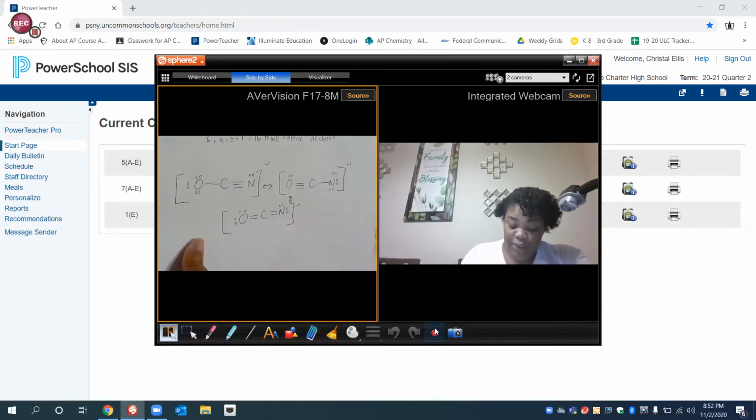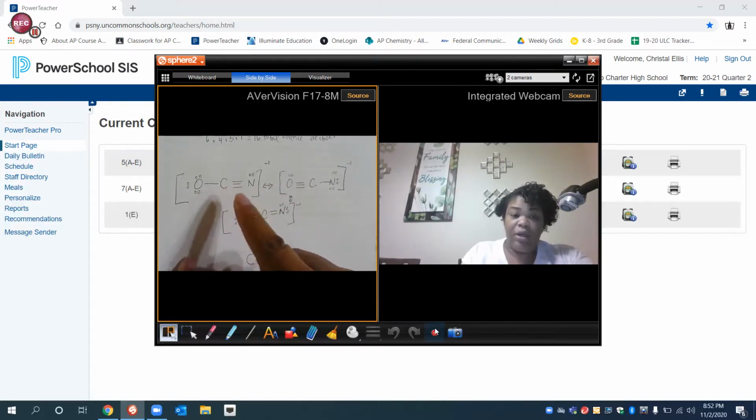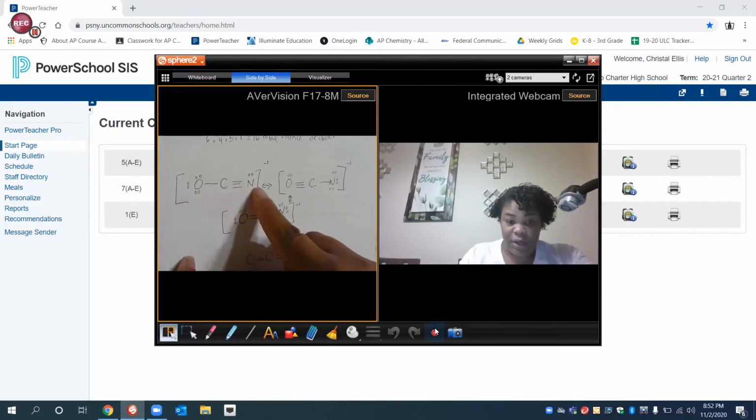If you wanted to do something like carbon, oxygen, and nitrogen, this would represent maybe an isomer. Okay, so these are resonance structures because the arrangement of the atoms within the molecule is consistent in all three representations.